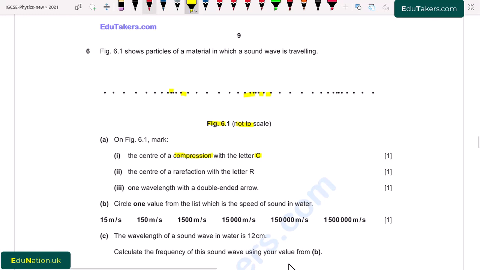So first of all we have to know about compression and rarefaction. Compressions are the portions where the particles are very close to each other. Particles are closer and the pressure is very high at compression.